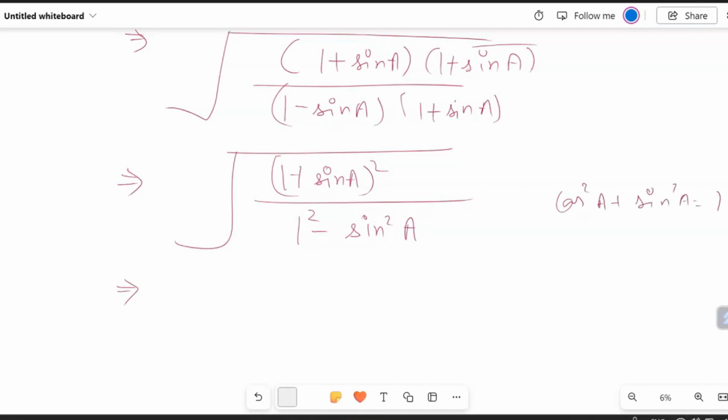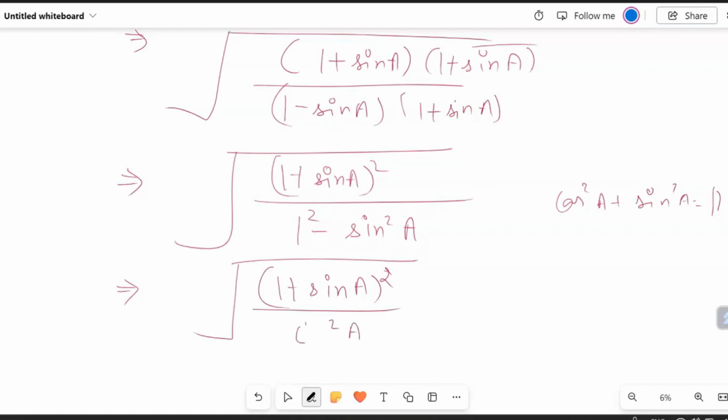So 1 minus sine square A is equal to cos square A. So 1 plus sine A whole square, and below we can write down cos square A.